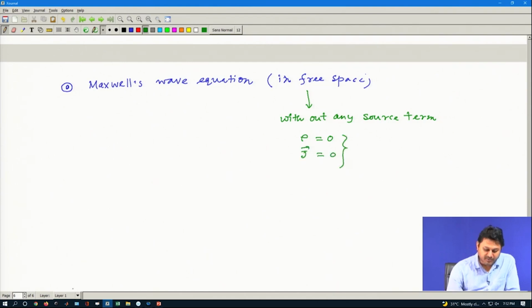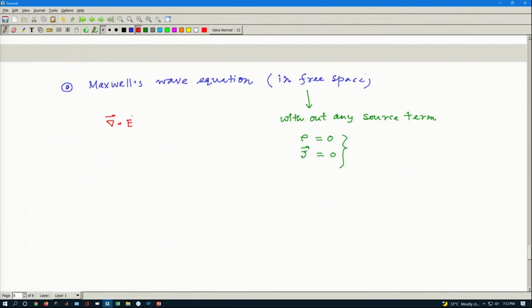So, if I write down the Maxwell's equation under this condition, the equation becomes very simple, and this will be the form: divergence of E should be equal to 0, divergence of B will be equal to 0, curl of E will be minus del B del t.